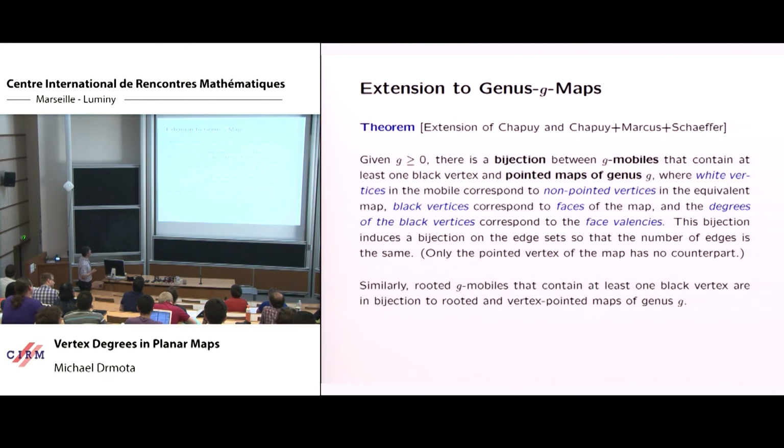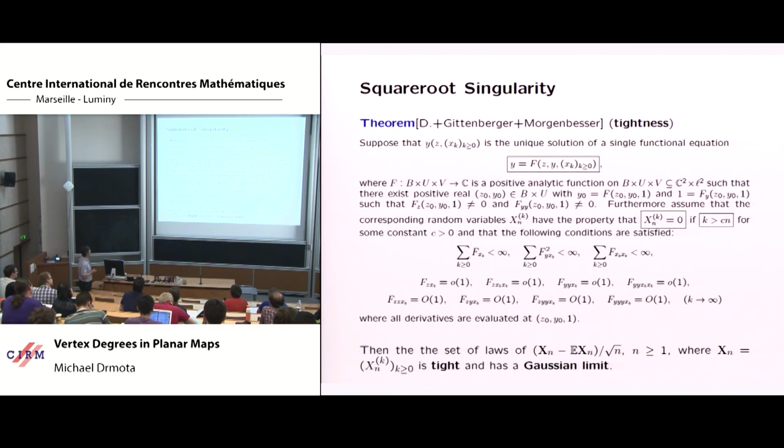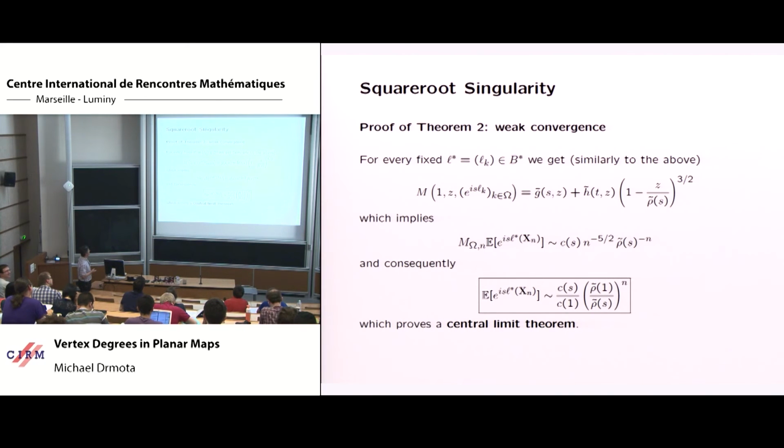So I go back to that. Of course, here instead of it, you can consider a complex variable s, and so you can do it. This means that you get some large deviation for every continuous functional.